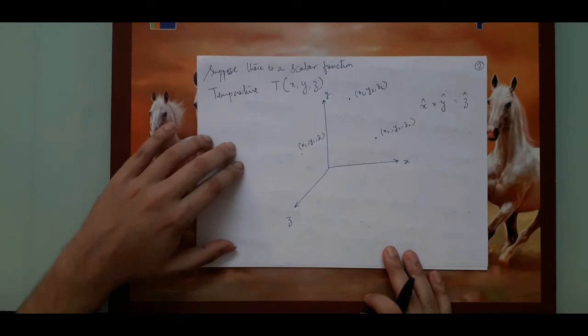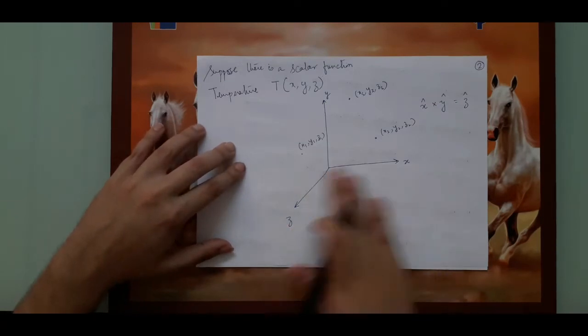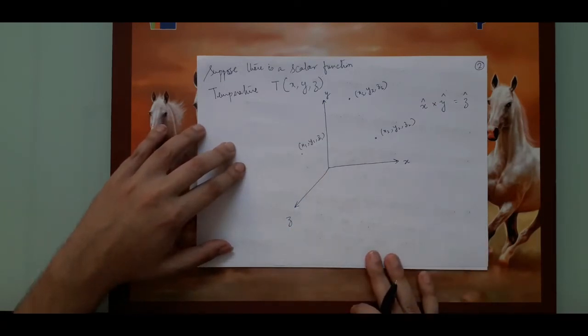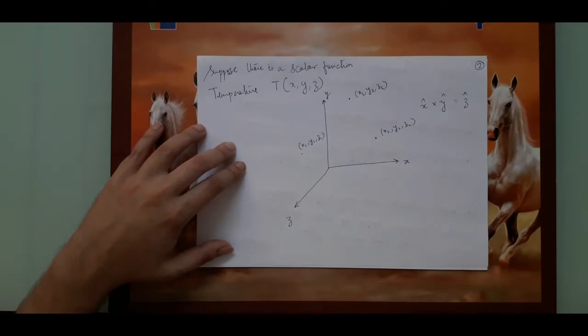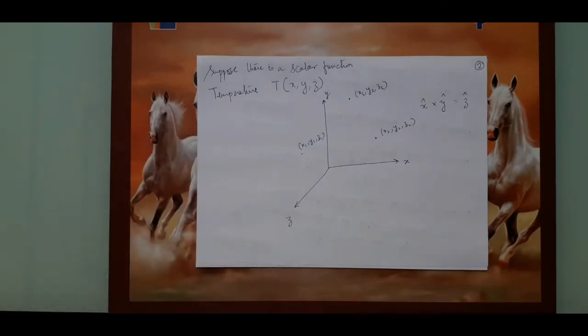The easiest example: if I am standing on the surface of the earth and moving horizontally along the same latitude, then the temperature variation may not be very high.